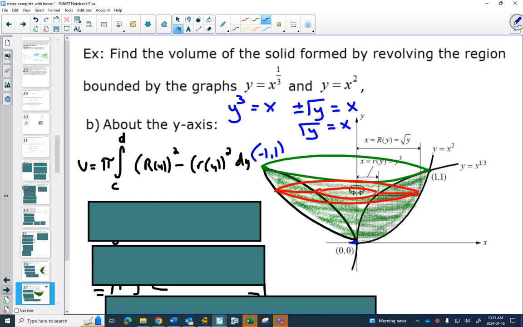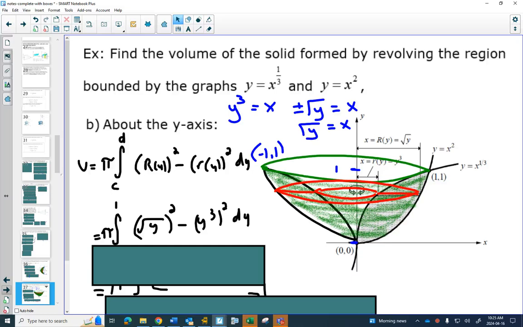My y values go from 0 to 1, by coincidence the same as my x values. So c and d happen to be 0 and 1, the same as a and b. That's not always the case; it depends on where the intersection is. So my bigger one now is the one farthest to the right. My biggest radius is the one farthest to the right.